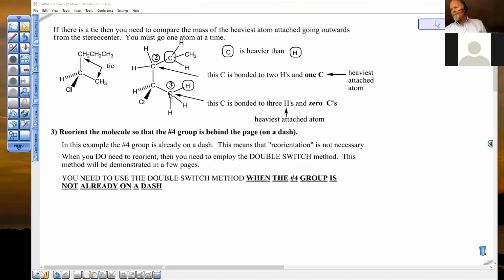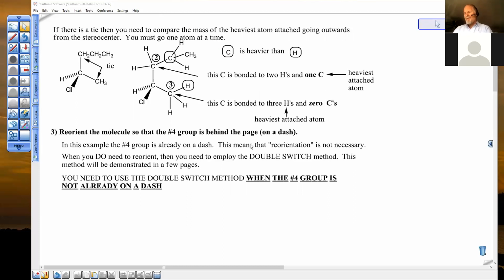And now what we have is rule 3. We're supposed to reorient the molecule so that the number 4 group is behind the page on a dash. In our first examples, I will have done that for you already.